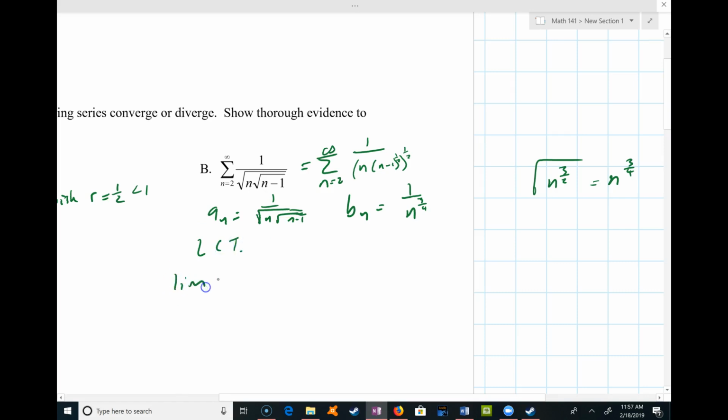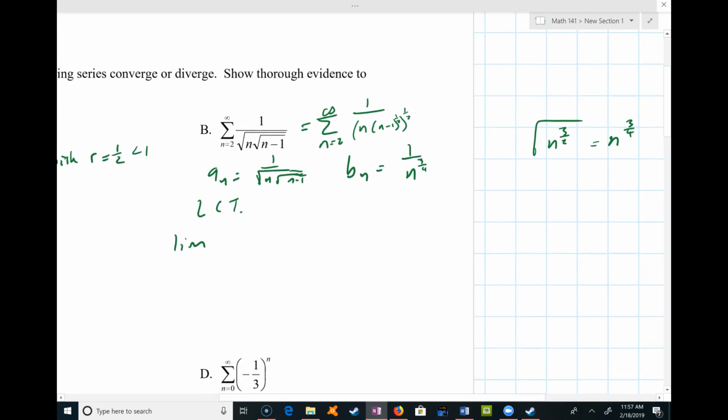So the limit of a sub n over b sub n, that would be basically n to the 3/4 over square root of n times the square root of n minus 1 as n approaches infinity. And so that would be just 1. And since that's greater than 0, that means that the two series behave the same.